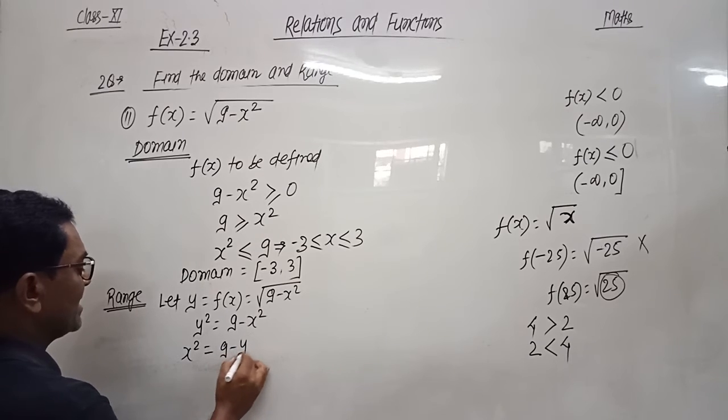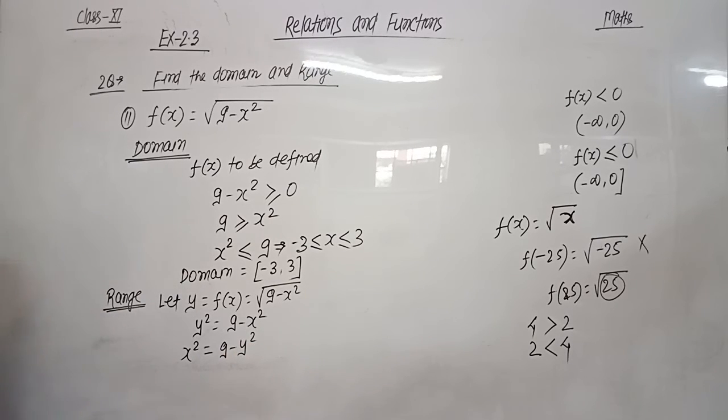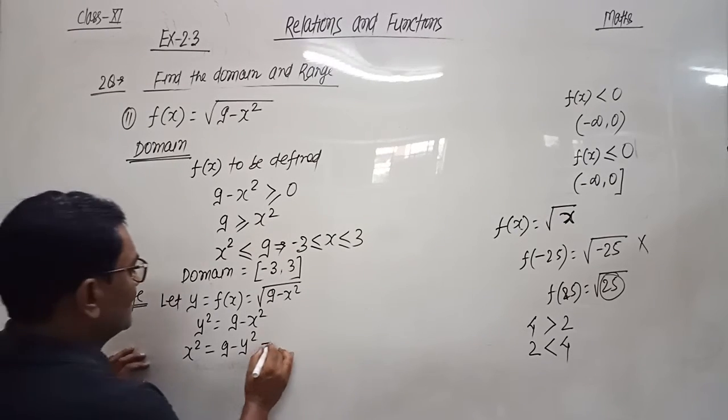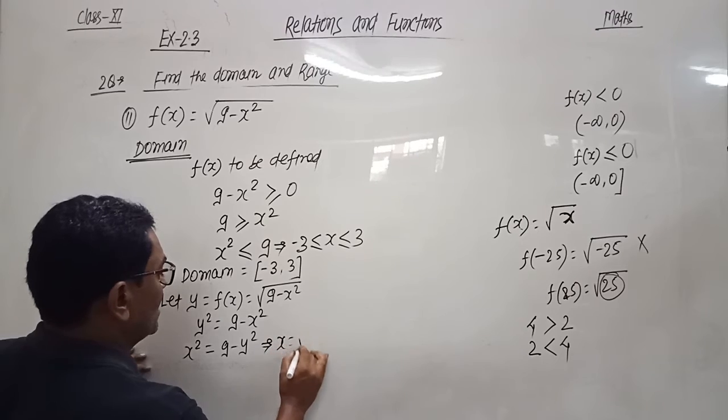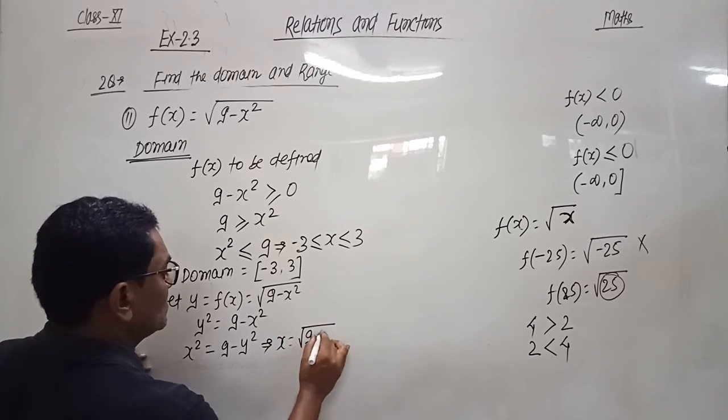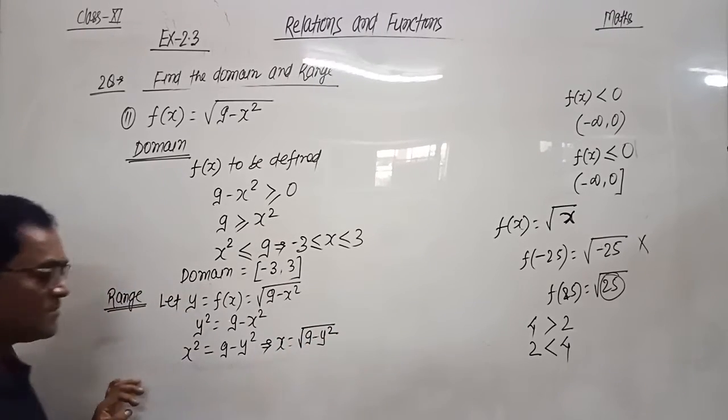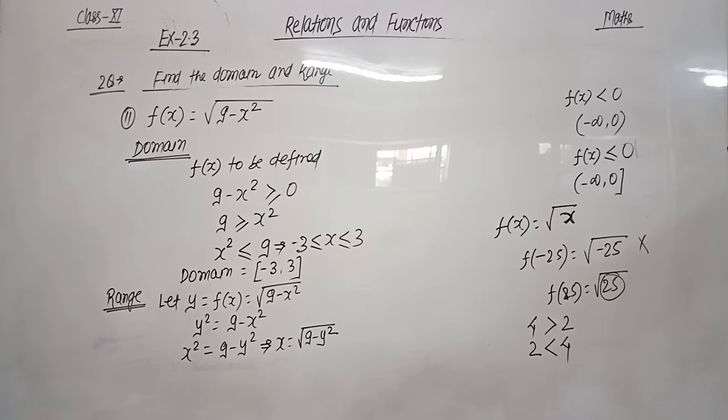So x square equals 9 minus y square, and the value of x will be under root of 9 minus y square.